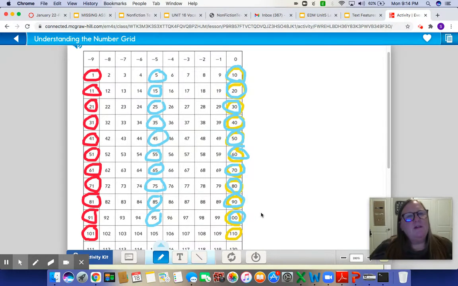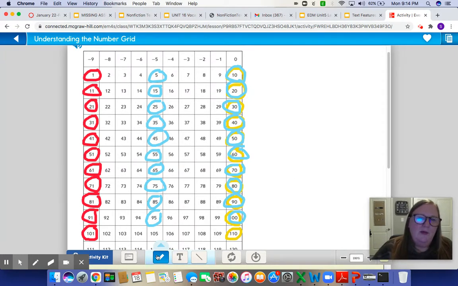And hopefully for this one, you notice that the number in the ones place is a 1. And hopefully you notice that it also goes down by tens. You add 10 more each time. Plus, if you look, this number in the tens place is a 1. The next time it's a 2, 3, 4, 5, 6. So that's another pattern that we see.